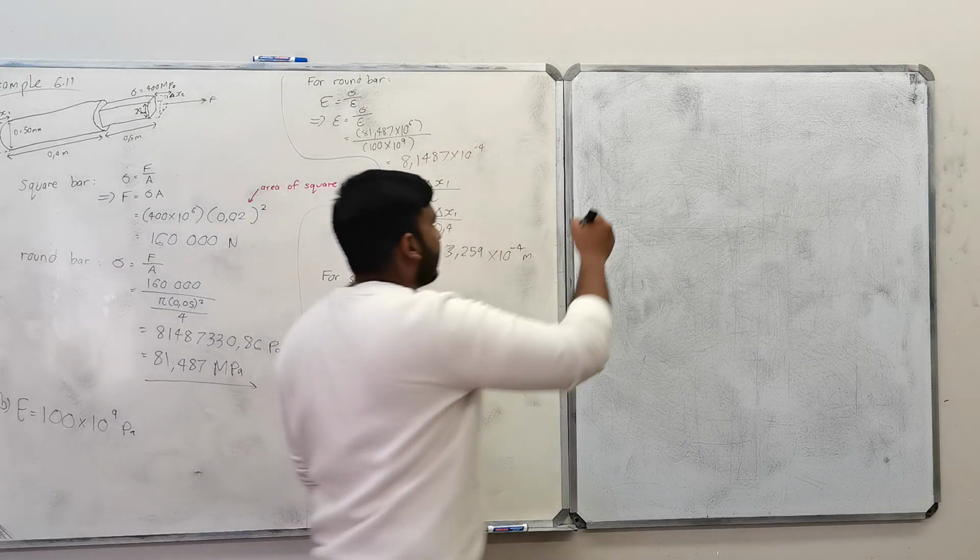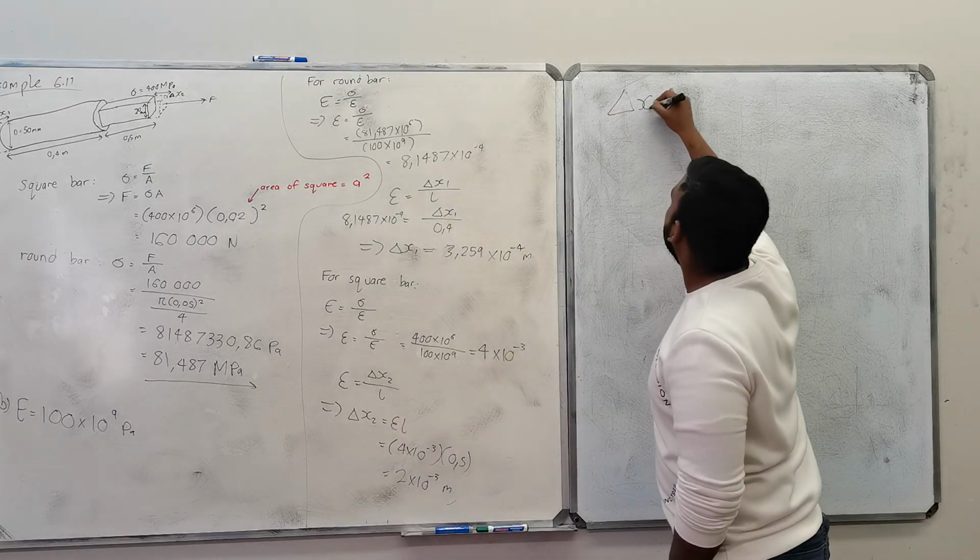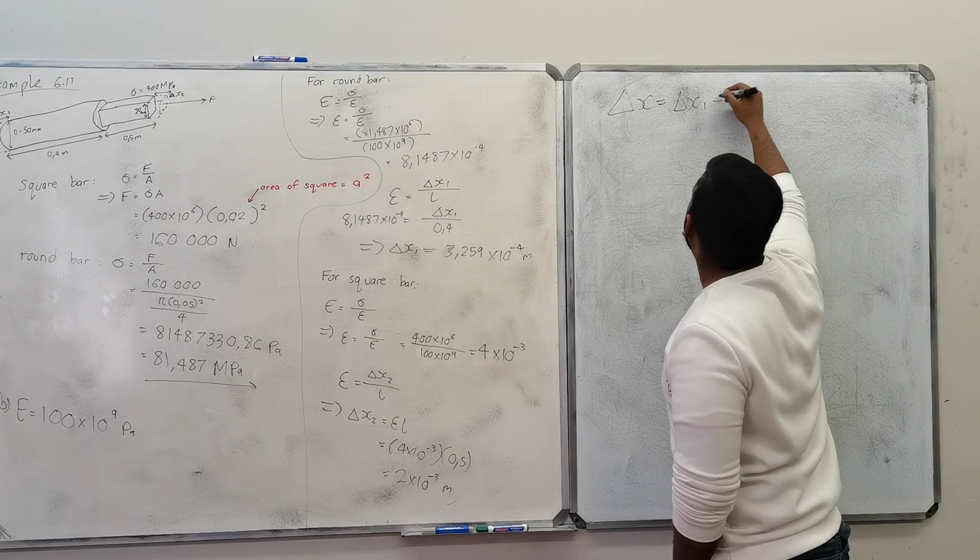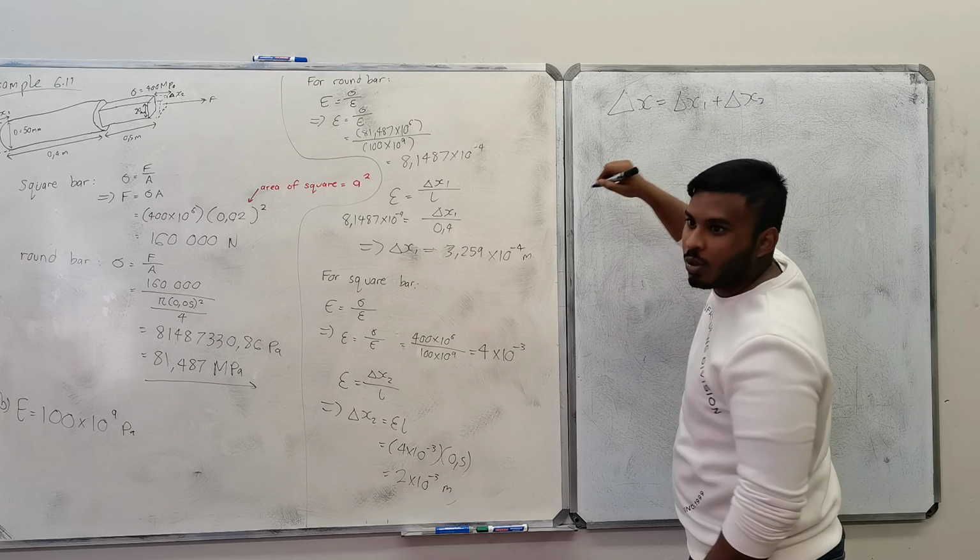So your total extension is equal to x1 plus x2, right?